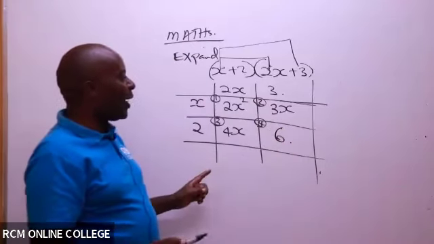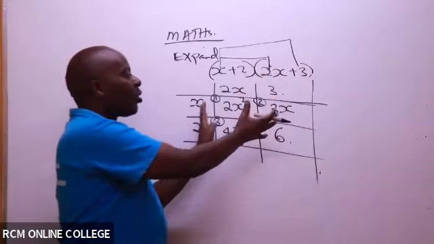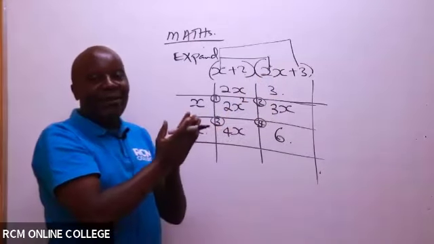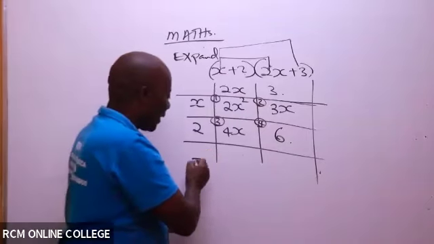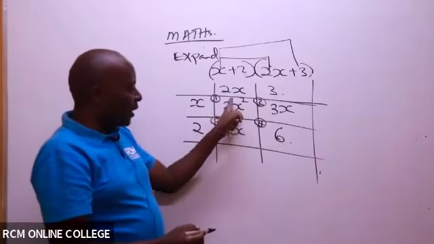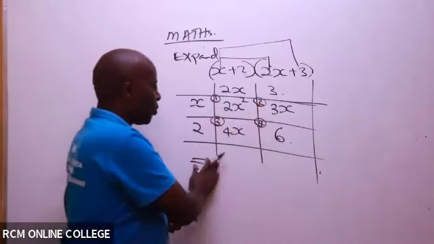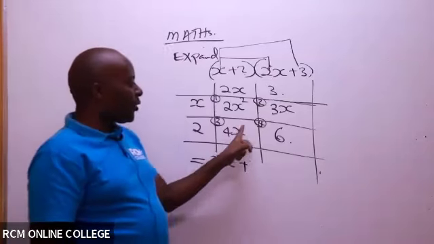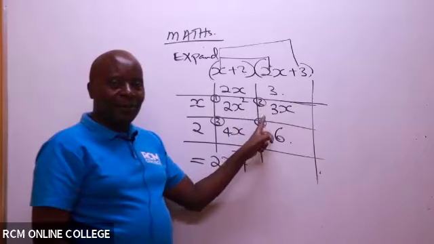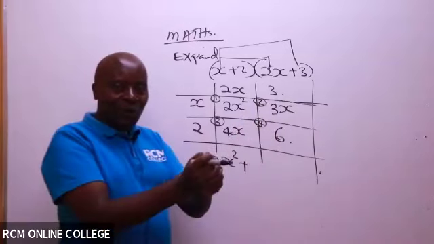And then you go ahead, leave out the externals, consolidate the internals, putting like terms together. So the expansion basically will be, you can see this doesn't have any like term. So this one will be 2x squared plus, of course, these two, you can see they are like terms. You add them, you consolidate them.